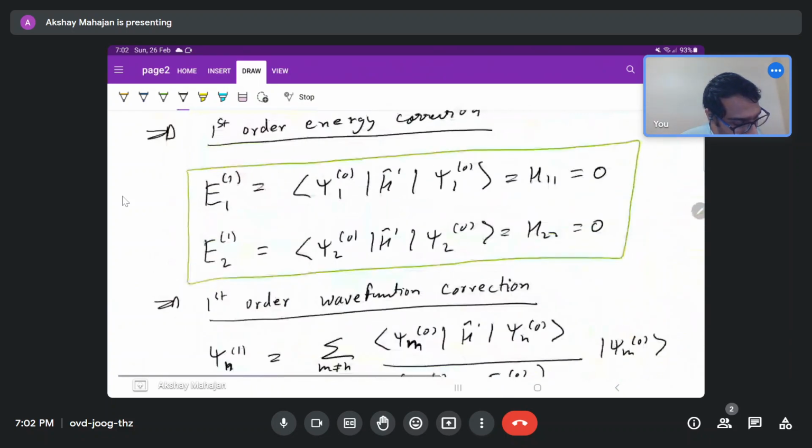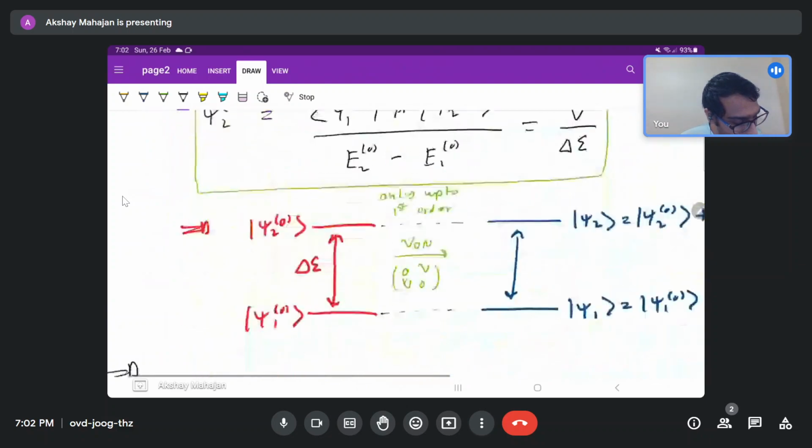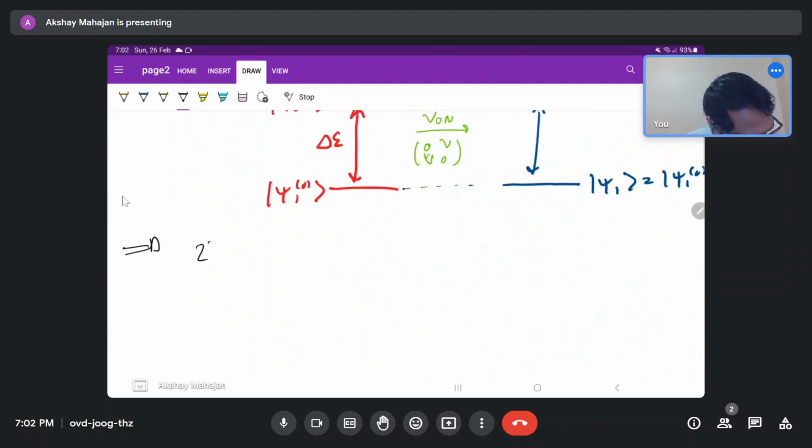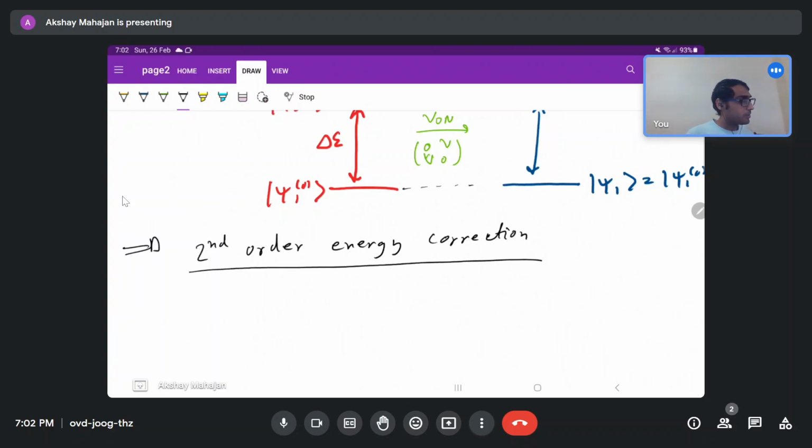All right, now let's go to our second order energy correction. For the same potential, we need to find what will happen for the second order correction.